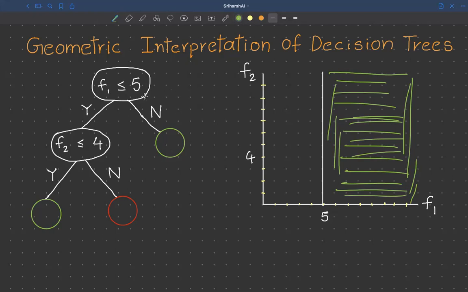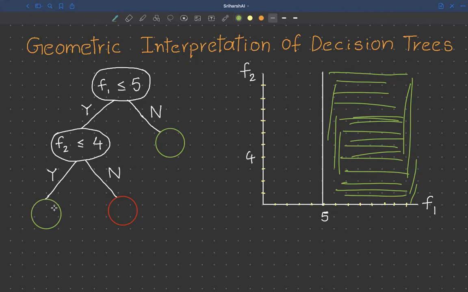In this case, we go to the left hand side of the tree, where we again check a different condition using feature F2. If feature F2 is less than or equal to 4, then again we go to the left hand side of the tree. I'll just repeat once again. If feature F1 is less than or equal to 5 and feature F2 is less than or equal to 4, then we come here.